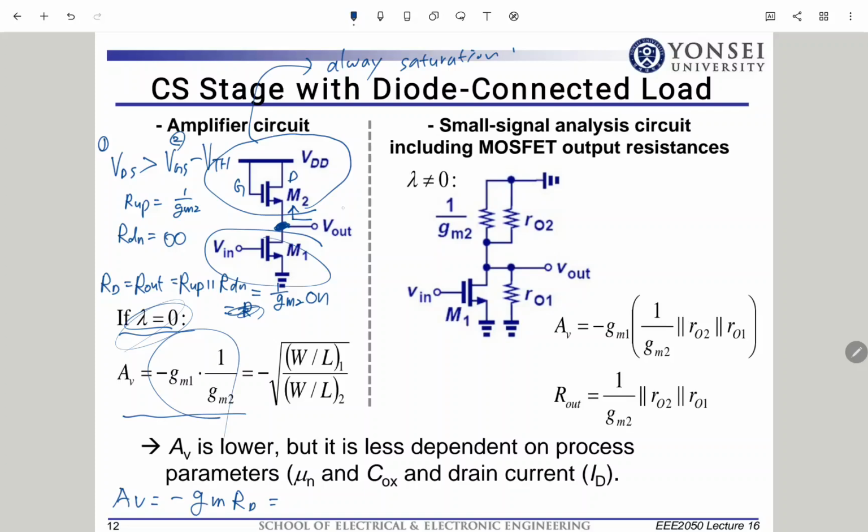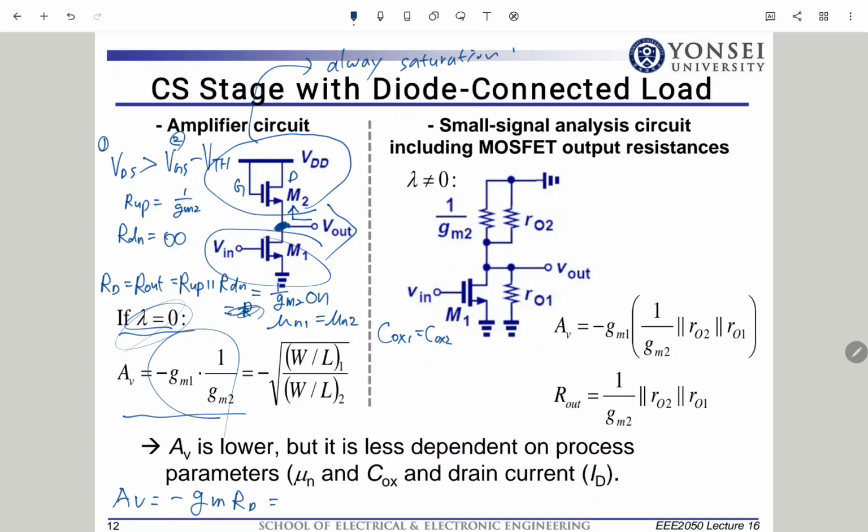If these two MOS transistors are fabricated in the same batch, then what is happening to mu n1 and mu n2? They are equal, right? What about Cox1 and Cox2? They are also equal. But what is changing? The dimension that you design.